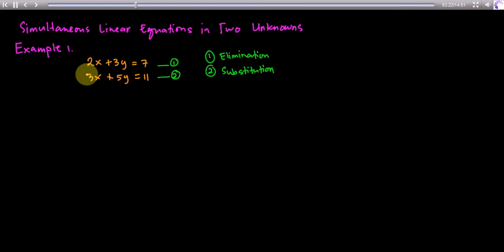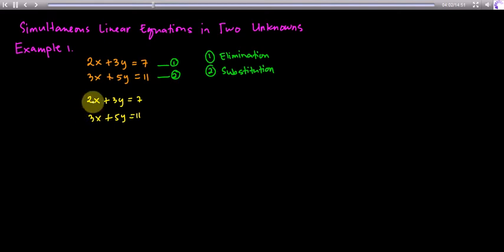To make them the same, we are going to multiply by a certain number wherein we can make this 2x into 6x, because we want to eliminate this.